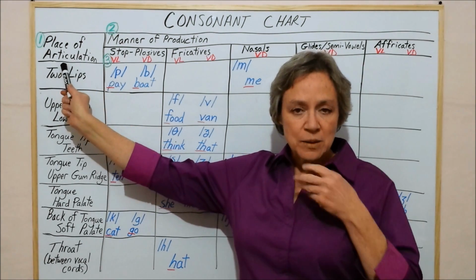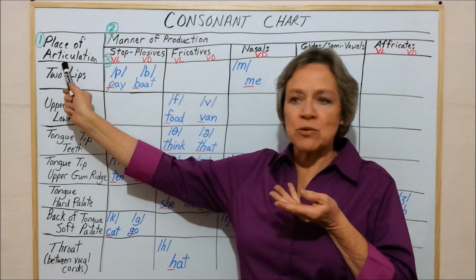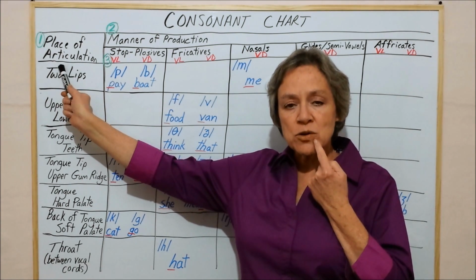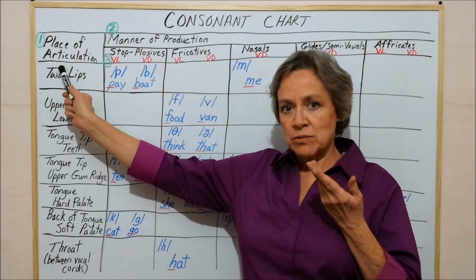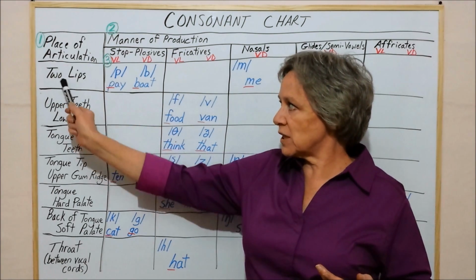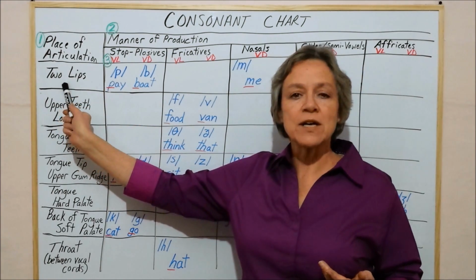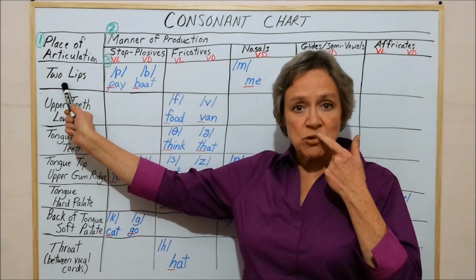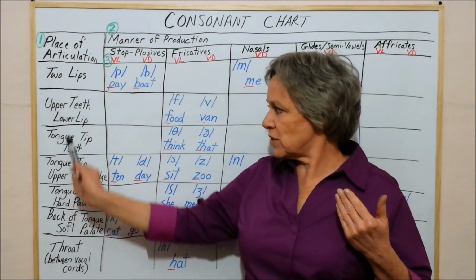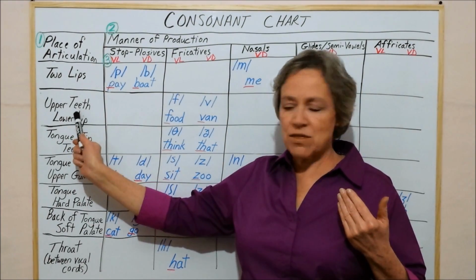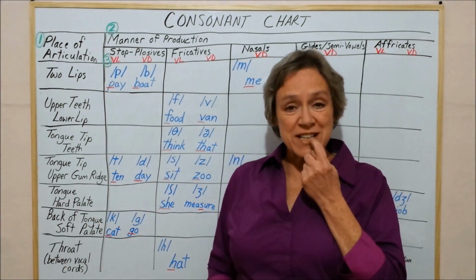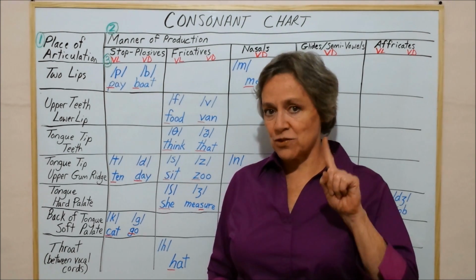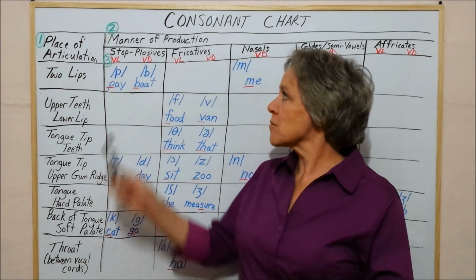To articulate means to speak, to make a sound. So where or what part of our mouth are we using to make this sound? Okay? That's place of articulation. For example, the first thing here says 2 lips. So am I using my lips to make the sound? Or further down, there are some that have teeth and other things. Am I using my teeth, my tongue? That's place of articulation, the first thing to keep in mind.